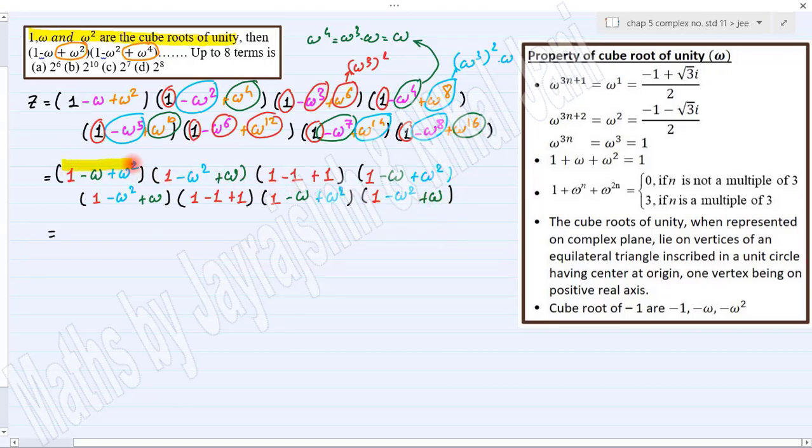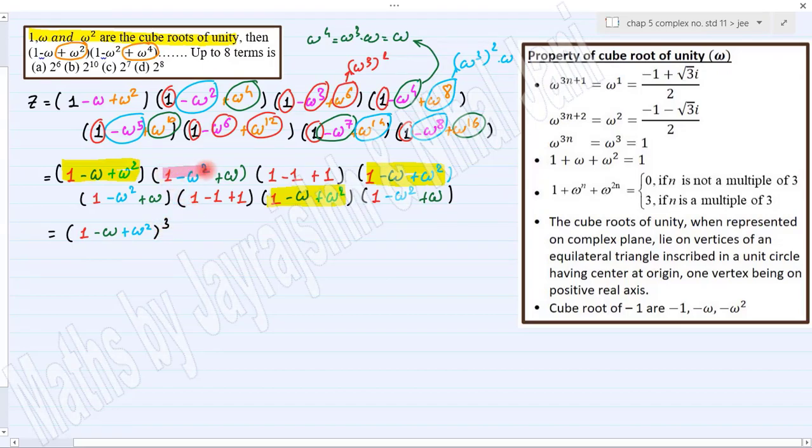Here 1 minus omega plus omega square appears 1, 2 and 3 times. So we can say we have 1 minus omega plus omega square whole raised to 3.